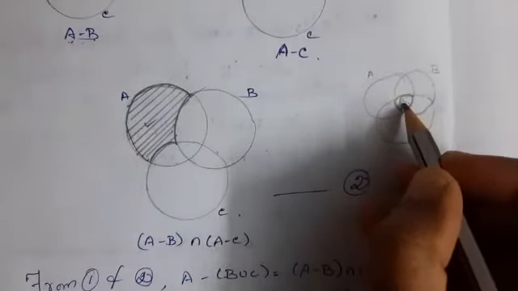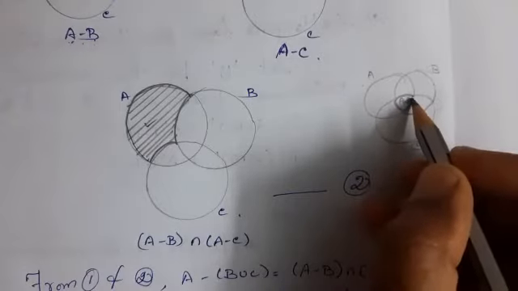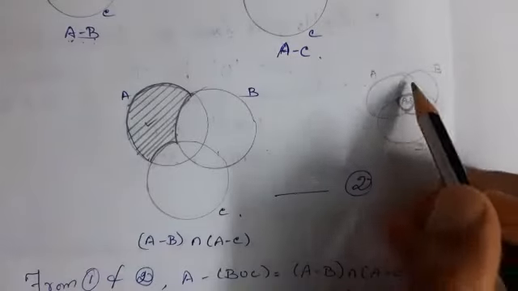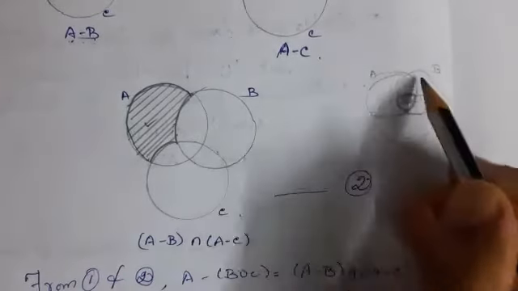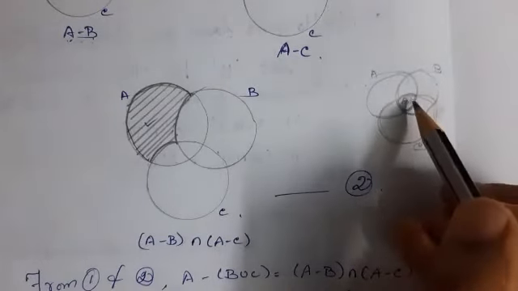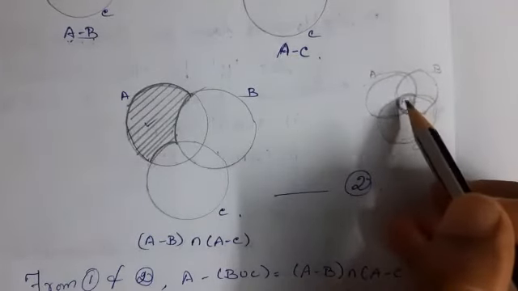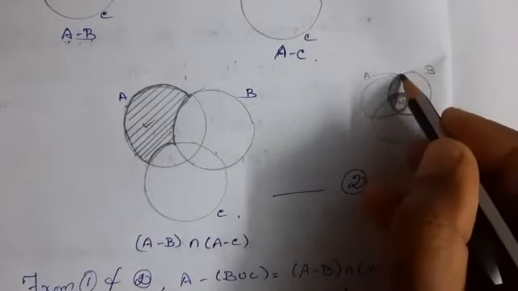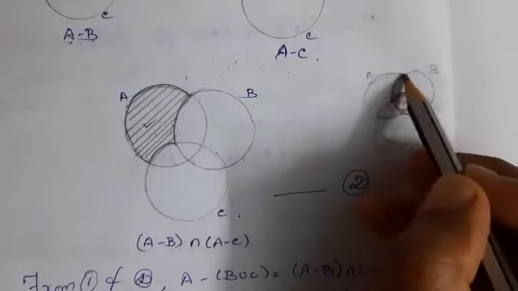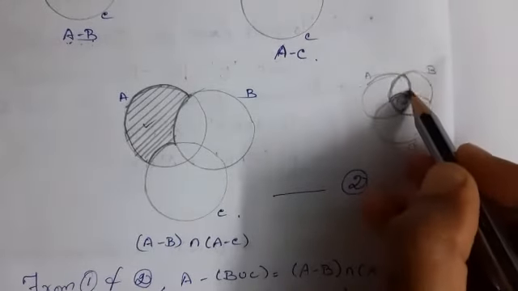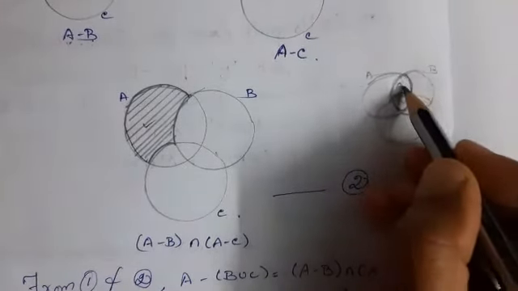Therefore, A intersection B intersection C. This is the portion common for circle A, circle B and circle C also. Now, see this portion. Circle A is also present, circle B is also present. Therefore, this portion is for A and B.